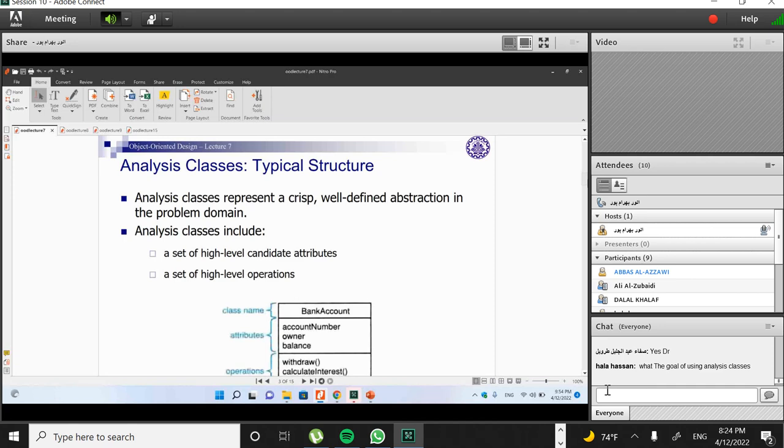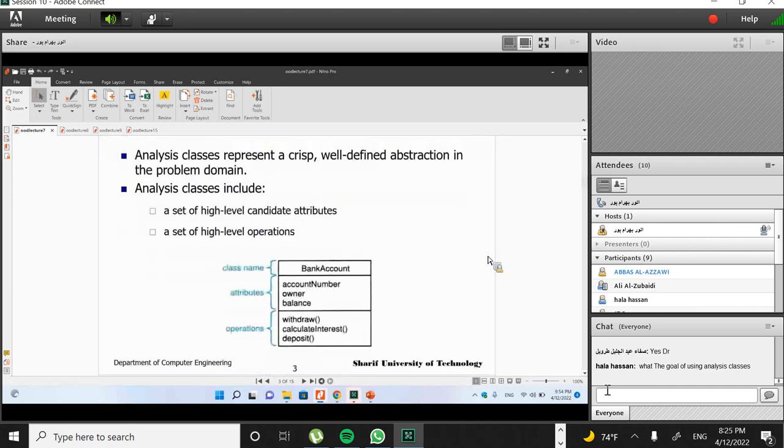Each analysis class, as you see in this picture and you experienced before, contains some attributes and some high level operations, some services. We have experienced enough in before lectures. And in UML, we use this notation to show each analysis class.